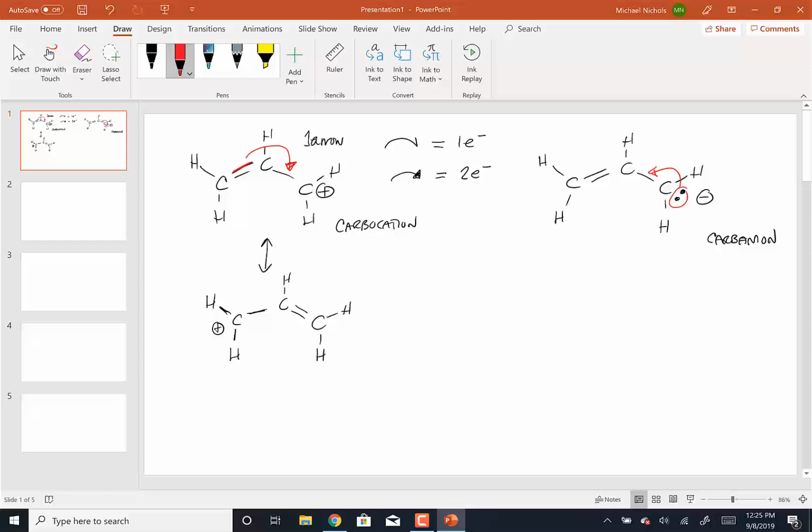But if I do that, that carbon would have 10 electrons around it. It would break the octet rule. So as I give this lone pair to form the double bond, I've got to move this lone pair out and give it to the left-hand carbon. Again, these are 2 full arrows. So the resonance structure would look like this.